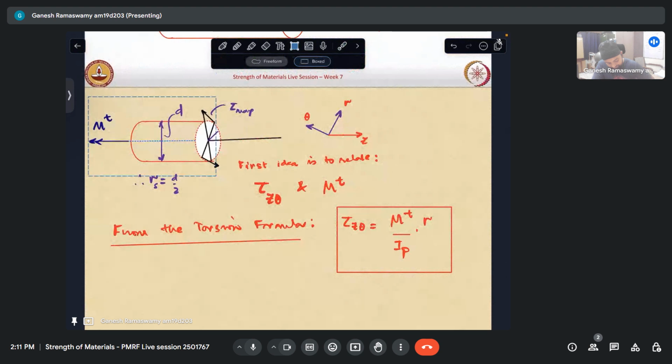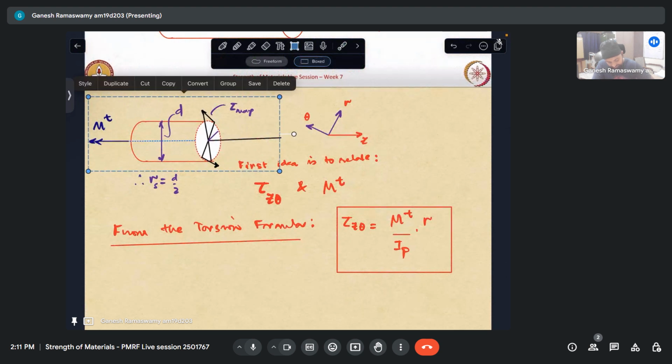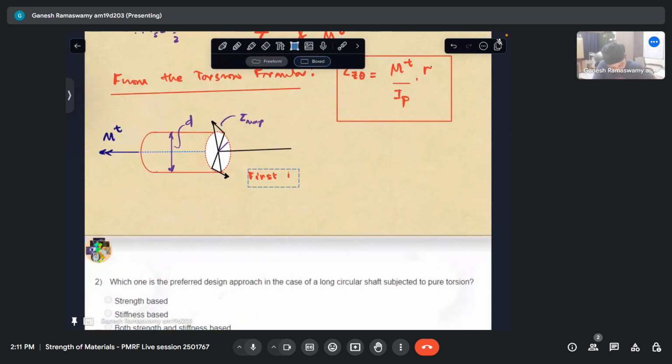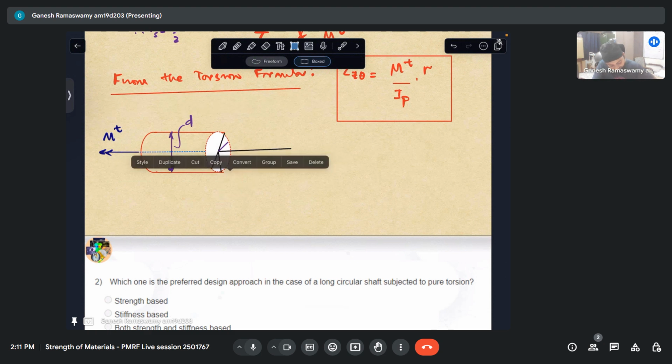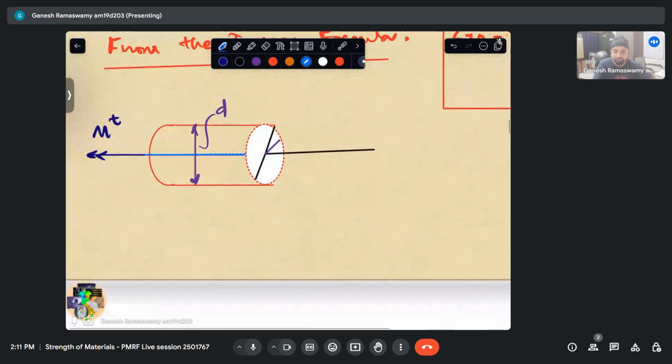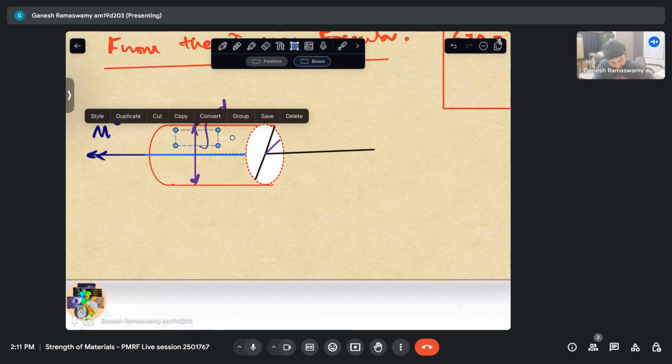The same image, if I were to take and I remove this. So let us say under the action of this line, that is scribed on the outer wall of the shaft. Let me remove this also for clarity.